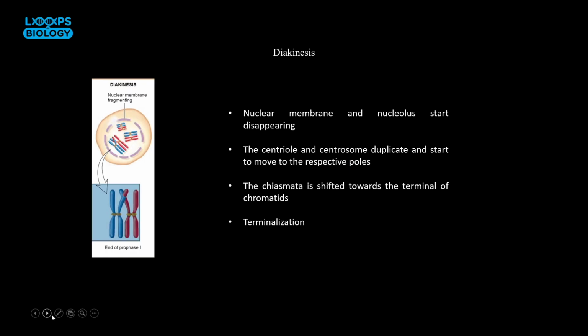And the final phase, which is also an important phase, is where the nuclear membrane starts to fragment, and the nuclear membrane and nucleolus start disappearing. The centrosome duplicates and starts to move to the respective poles. That is similar to your late prophase. Here the chiasmata, formed by overlapping of the chromatid arms, will try to shift to the terminals.